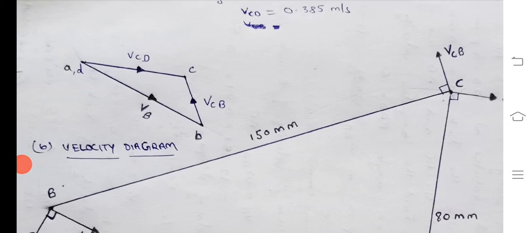So from point B in the velocity diagram, draw a line parallel to the VCB vector drawn at point C in the space diagram.